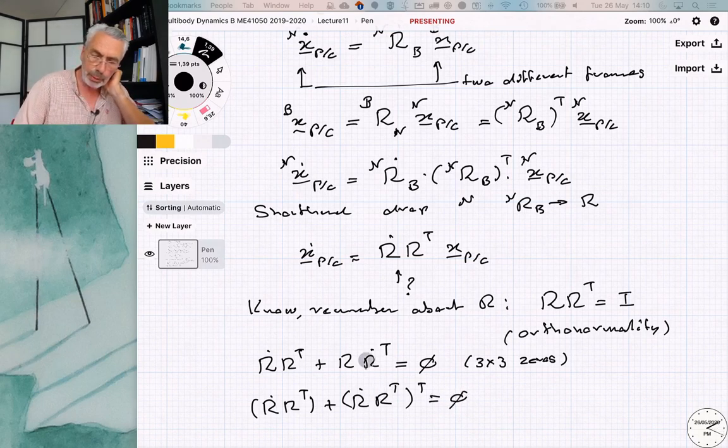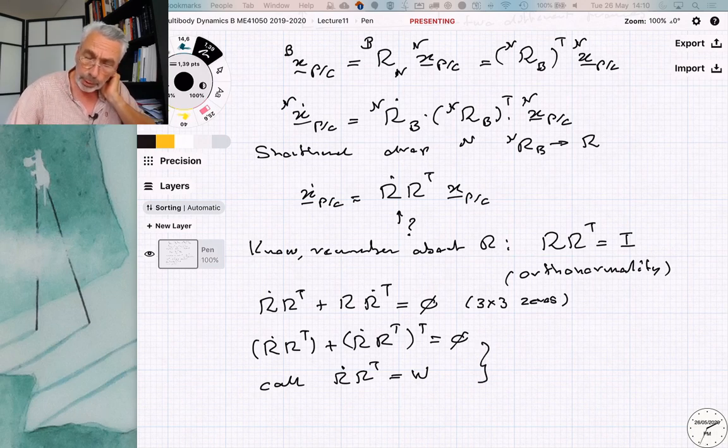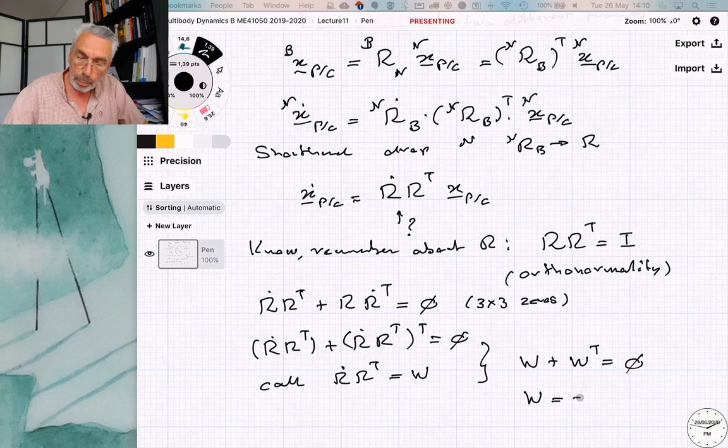If you do this, then you end up with this. So I have two matrices. So let's call this R dot R transpose W, some matrix. And now what do we get? Then we have the following expression, that W plus W transpose is all zeros. And that means, of course, that you could also say W equals minus W transpose, yeah?